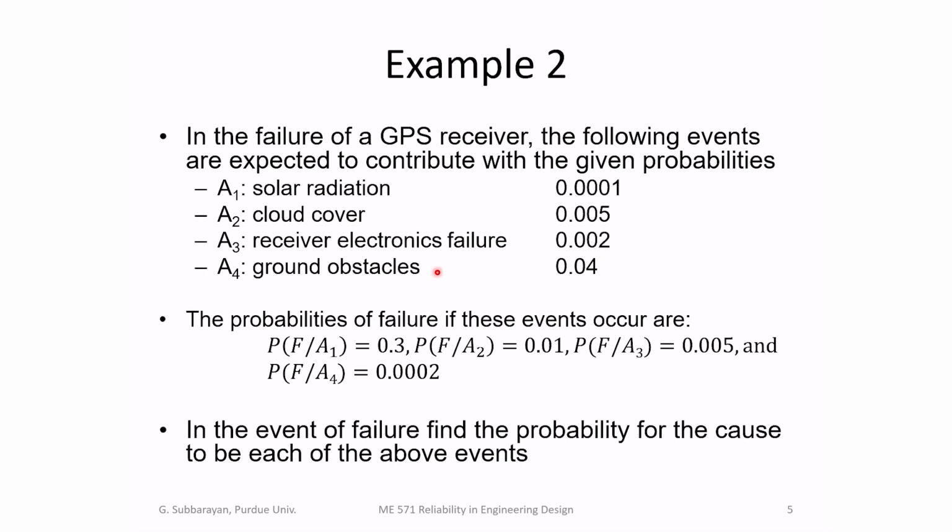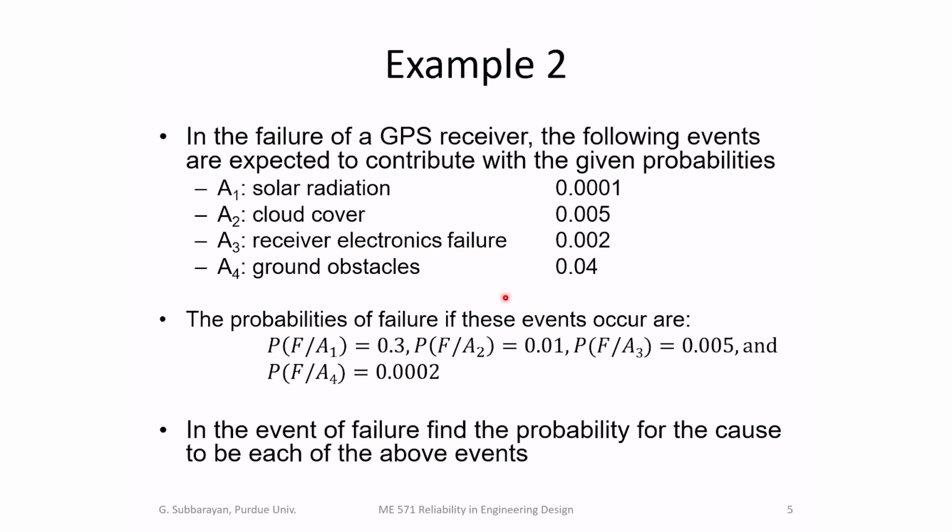And you might have ground obstacles that also prevent you from receiving a GPS signal. You might be going through a depressed area which has a lower topography that prevents you from receiving signals. The probability of that is 0.04.